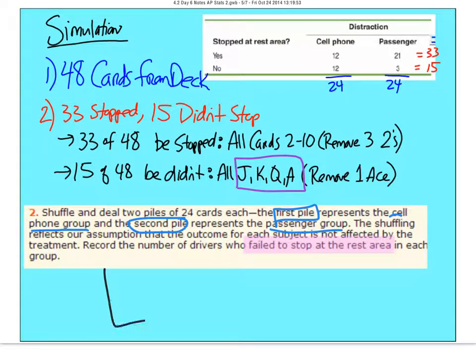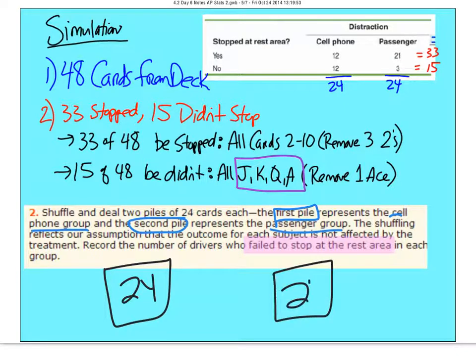So they made one pile here of 24 cards, and another pile here of 24 cards. Then they went into this pile of 24 cards and counted how many of them failed to stop at the rest stop, which was identified again by the Jack, King, Queen, or Ace showing up. And they also did it for the pile that reflects if you had a passenger in your car.